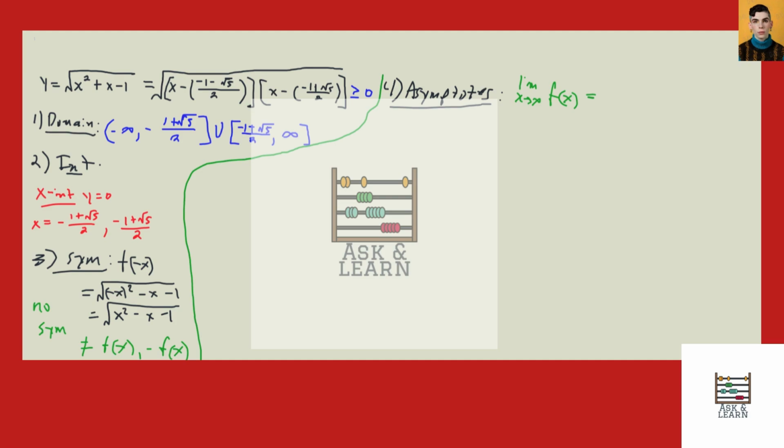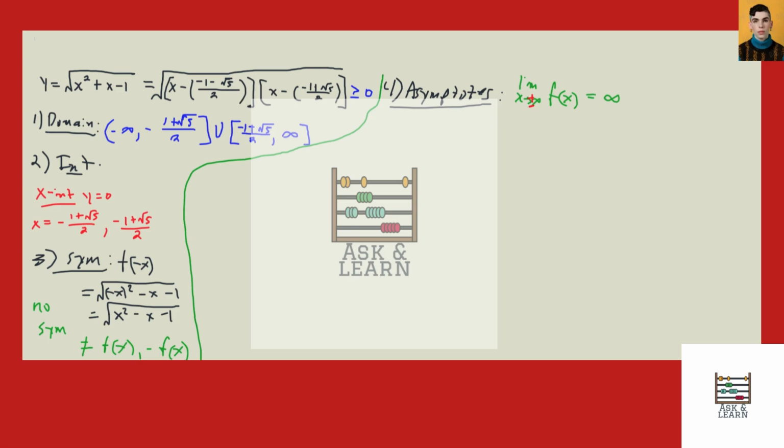So x squared goes to infinity, since x squared dominates x and -1 eventually, and square rooting something going to infinity is infinity. Using that same logic, as x goes to negative infinity, the inside is just x squared, which goes to positive infinity, and the square root of that still goes to infinity.